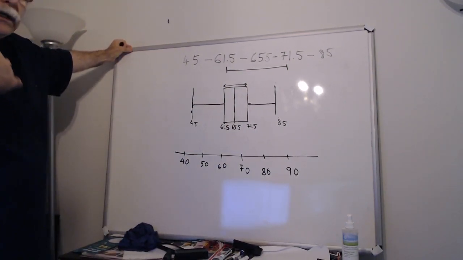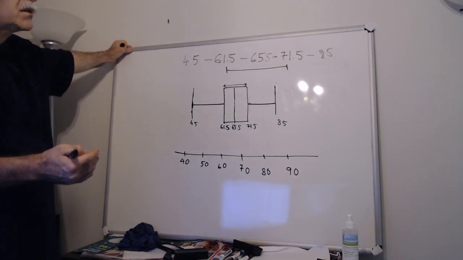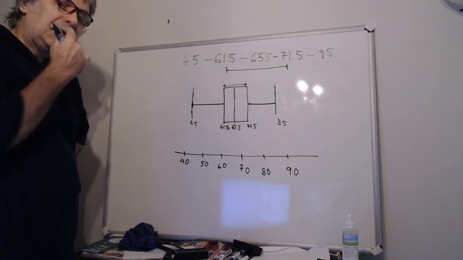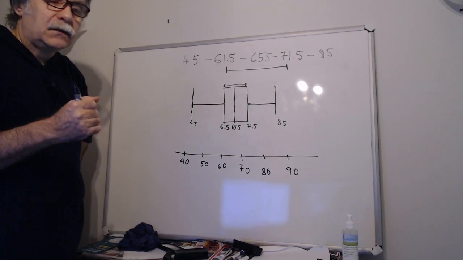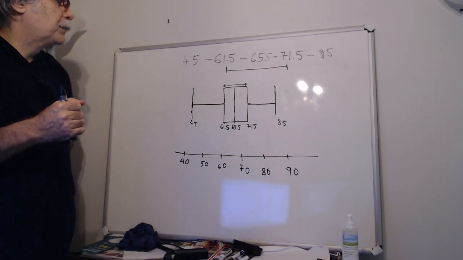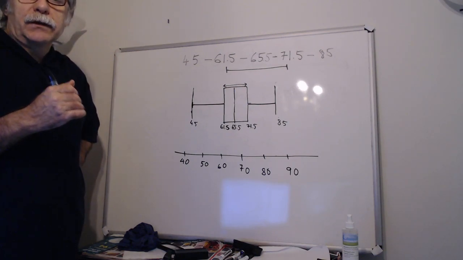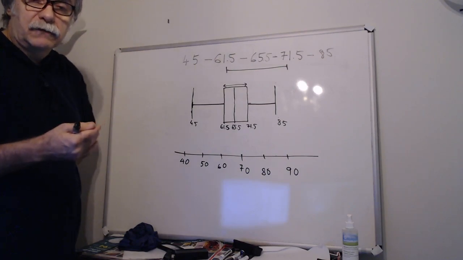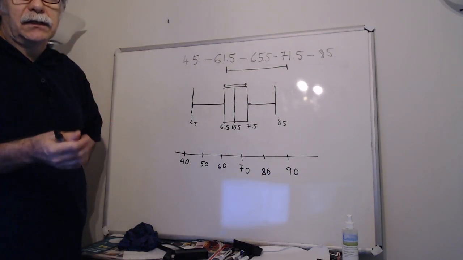The idea of the quartiles is that the first quartile divides the sample into 25-75%. The median divides the sample into 50% and 50%. Quartile 3 divides the sample into 75% and 25%. So what is below is 75% of the sample, what is above is 25% of the sample. That's the idea.